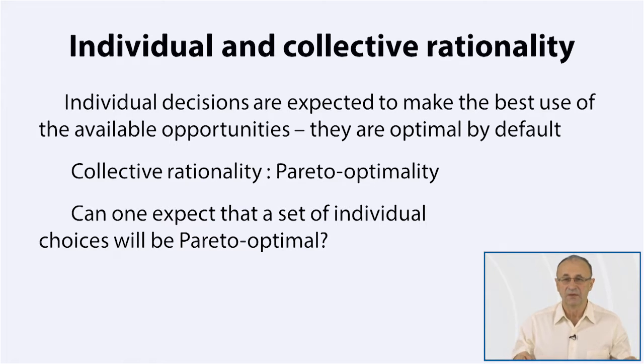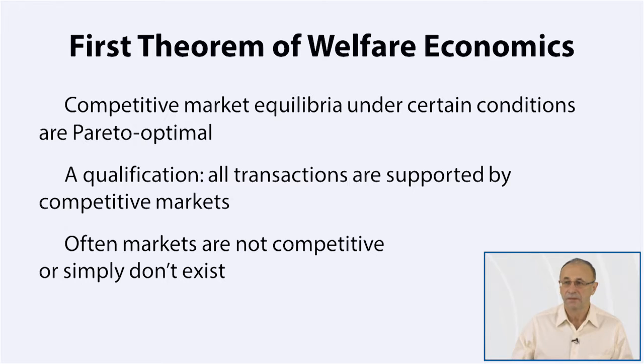In this economy, you have a community of individuals, and every individual makes choices that are optimal for this individual. But no one is concerned, or for that matter in charge, of social optimality. Can we expect that such a combination of individual choices will be socially optimal, will be Pareto optimal?